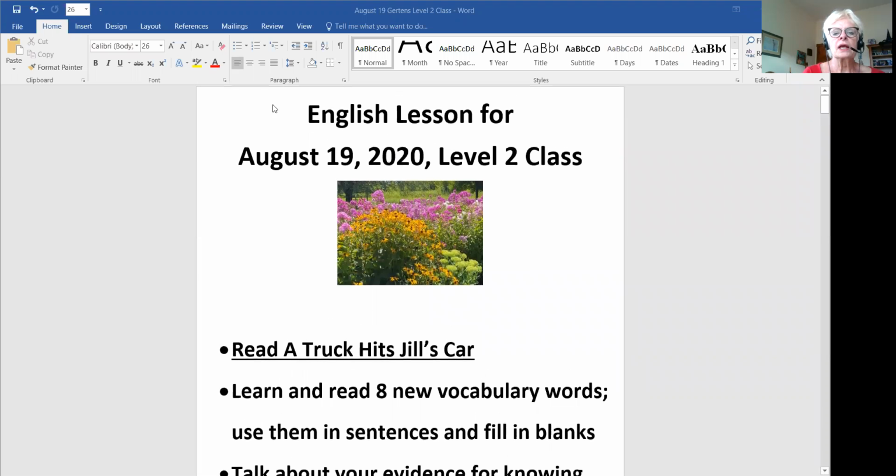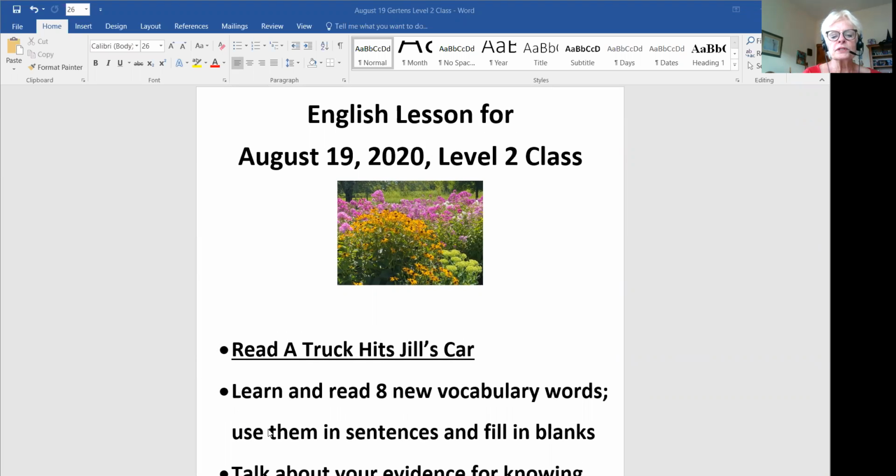Okay. English lesson for August 19th, 2020, Level 2 class. We will read A Truck Hits Jill's Car. We will learn and read 8 new vocabulary words.